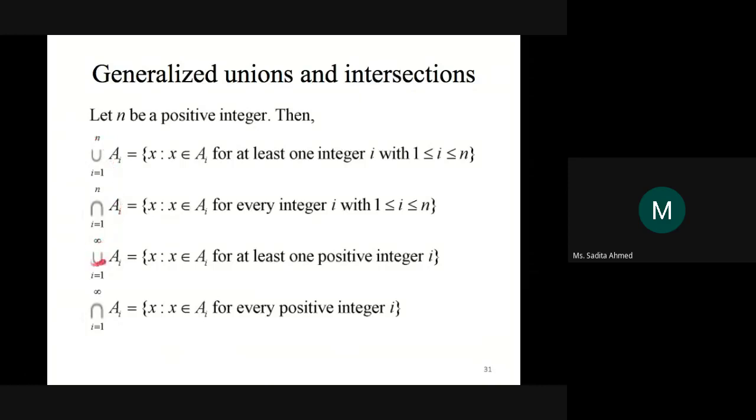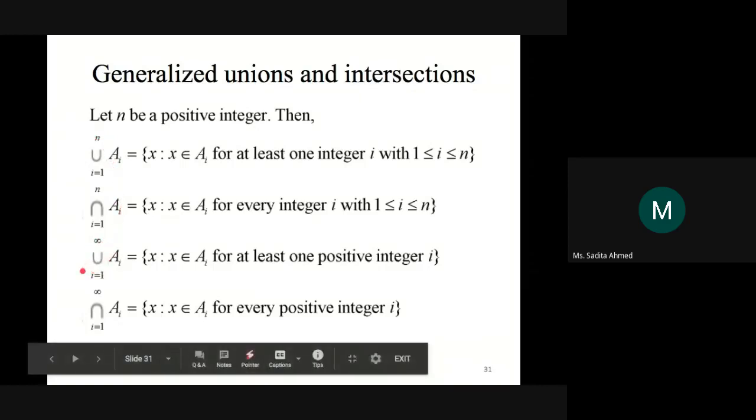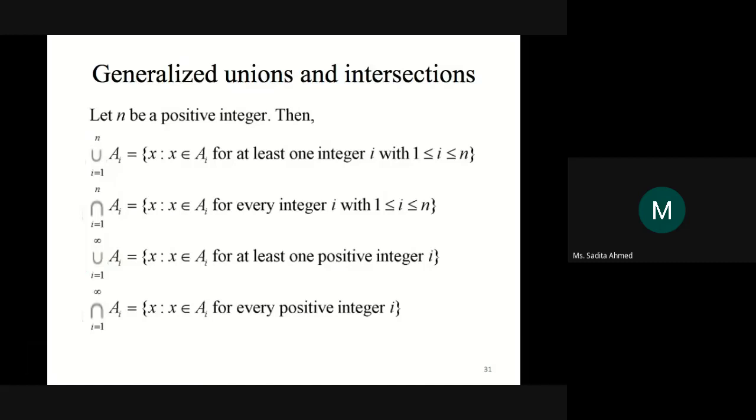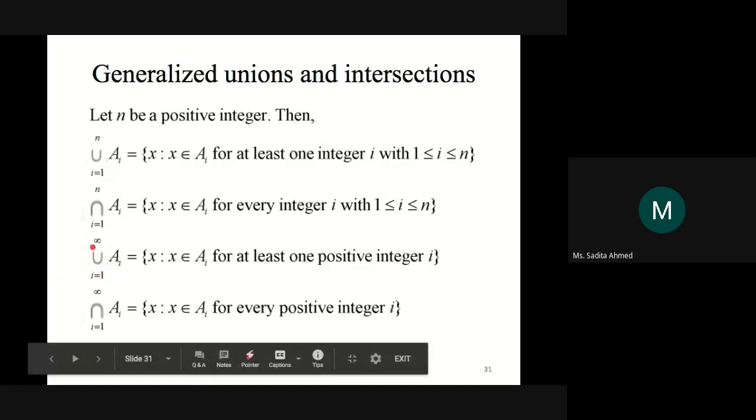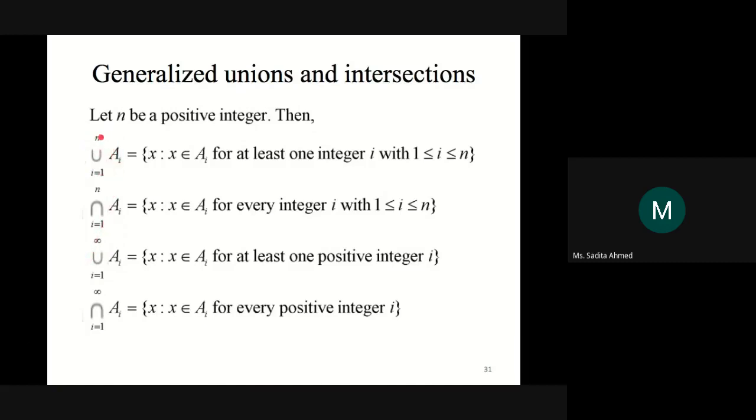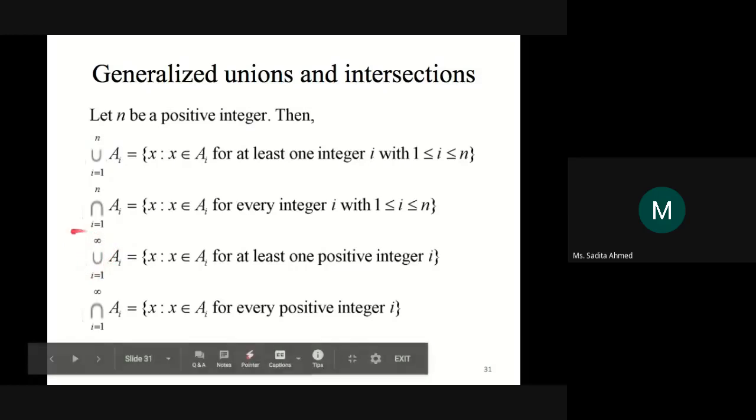But here we are saying I is all positive integers. There's a difference because all positive integers goes on until infinity. Here we have a certain range. N represents any arbitrary positive integer but finite at the end of the day, right? But here this encompasses all positive integers because we have I equal to 1 to infinity.